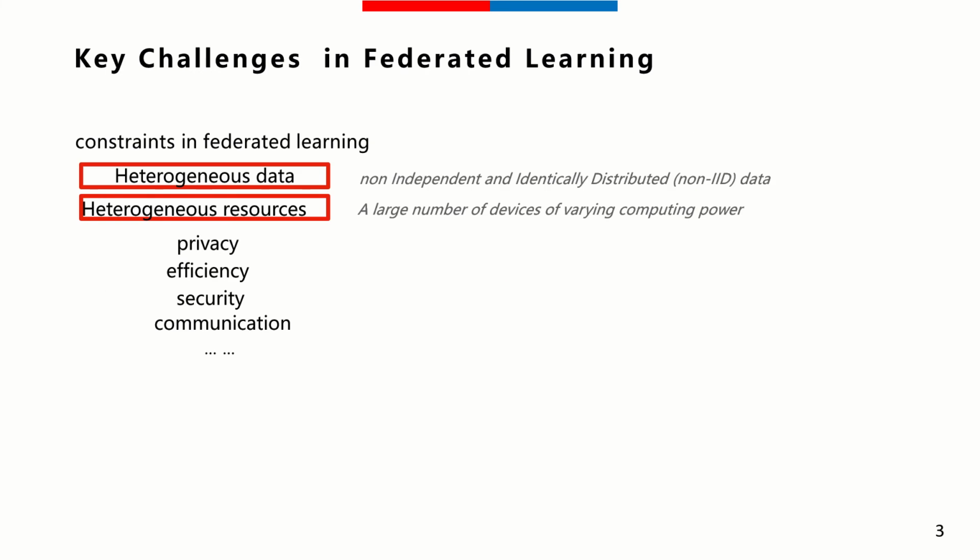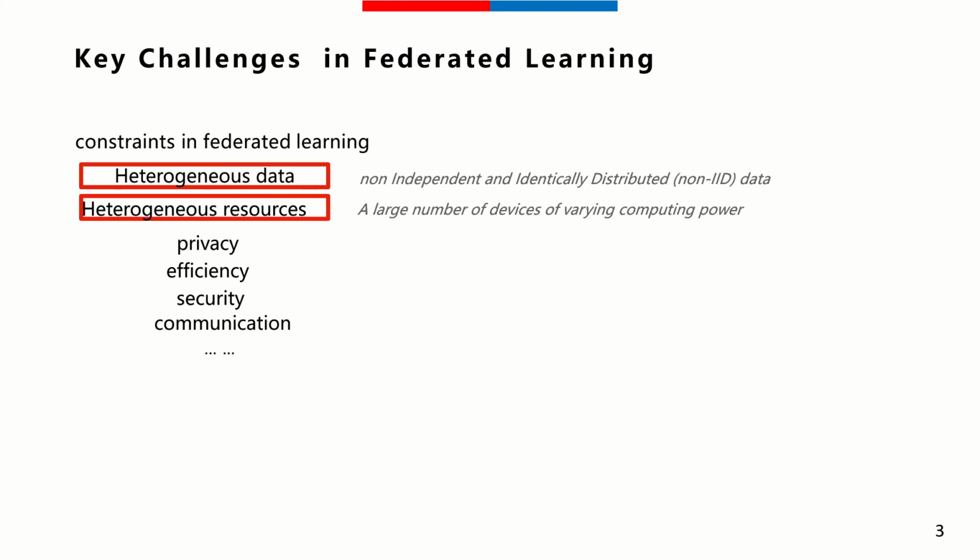However, there are still some constraints in federated learning due to different user habits, heterogeneous data, heterogeneous resources, privacy, efficiency, security, communication, and so on. In this work, we mainly focus on heterogeneous data and heterogeneous resources.